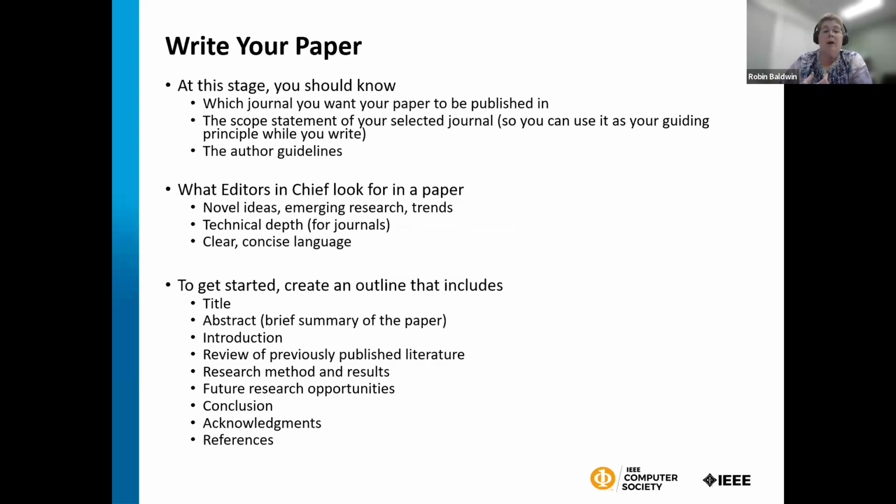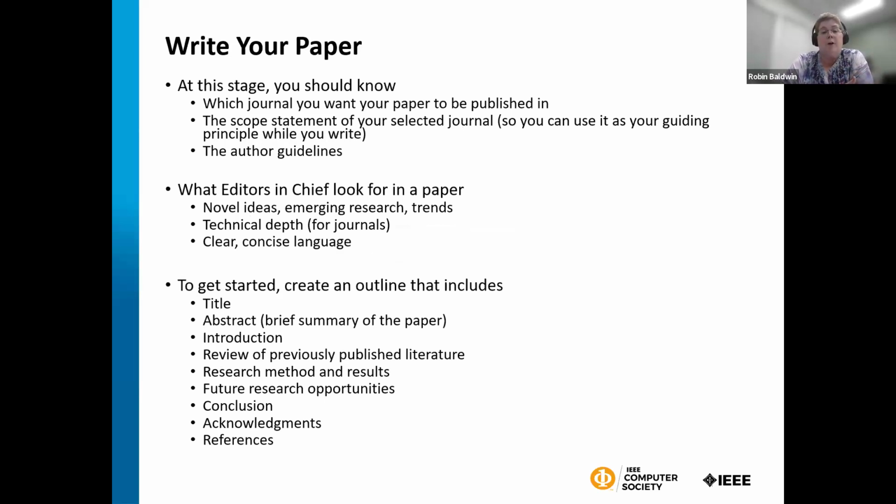So by now, you've done your homework, so to speak. You should now know where you want to publish, where you want to submit, what the scope statement is, and have an understanding of the author guidelines. And editors in chief are the decision makers, the ultimate decision makers in the process.